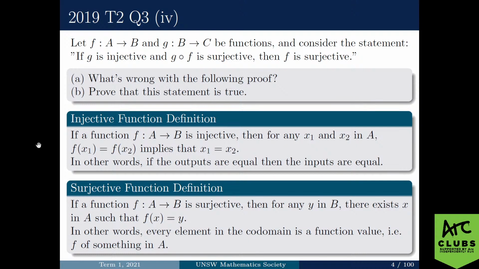So this is a question from 2019, and it says, let f be a function from A to B, and g be a function from B to C, and consider the statement: if g is injective and g composed with f is surjective, then f is surjective. We're given a false proof that some other student has given, and for part B we have to prove that the statement is true.